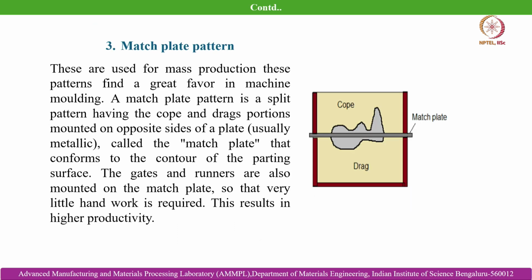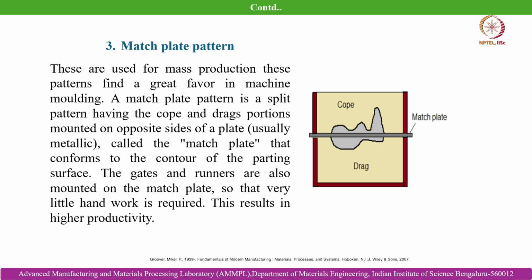Okay. Now we will talk about the match plate pattern. This is a match plate pattern where the cope and drag halves of the pattern are mounted over a plate, and often these match plate patterns have the gate, runner and other geometries already created within the match plate itself.